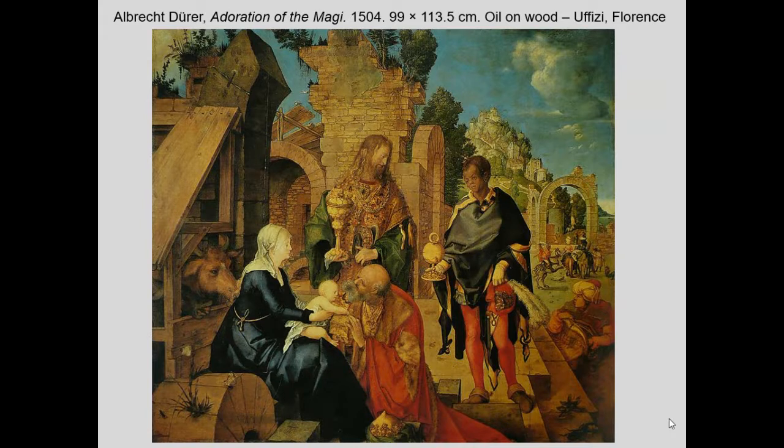Notice we're around 1504 now with this piece, so this is the exact moment that Leonardo, Michelangelo, and Raphael are all living in world. So this is really the height of the High Renaissance, both in Italy and here in Germany as well.